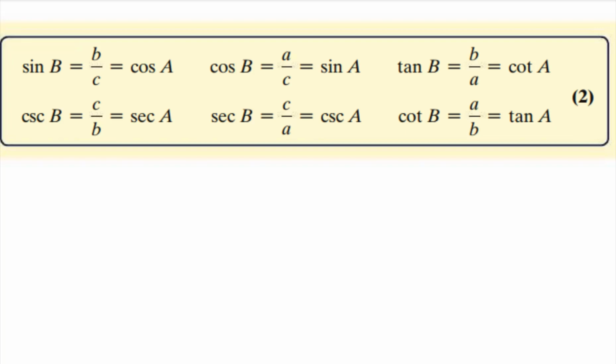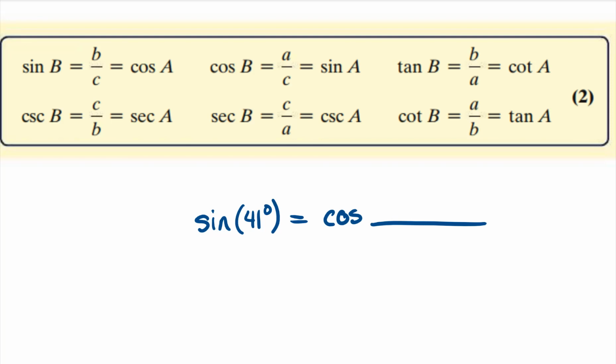Cool. Let me ask you a question. You plug angles into trig functions. So if I say sine of 41 degrees is equal to cosine of what? Well, sine and cosine are co-functions.